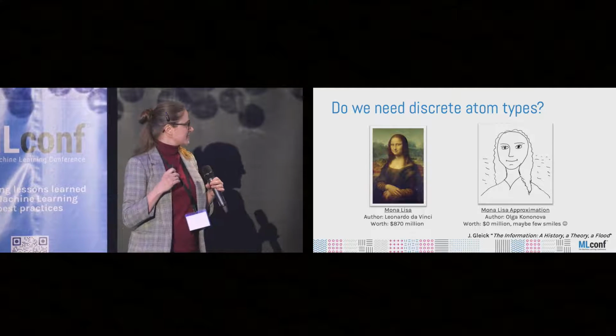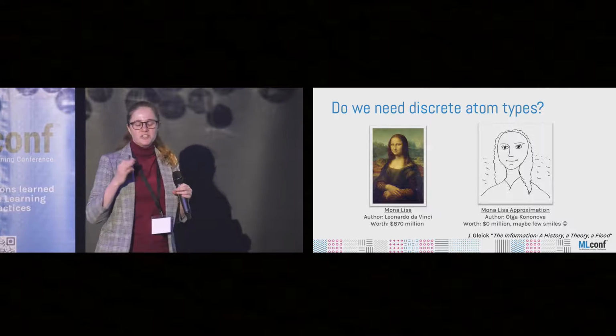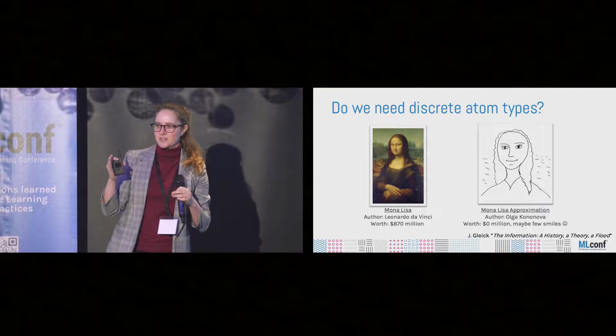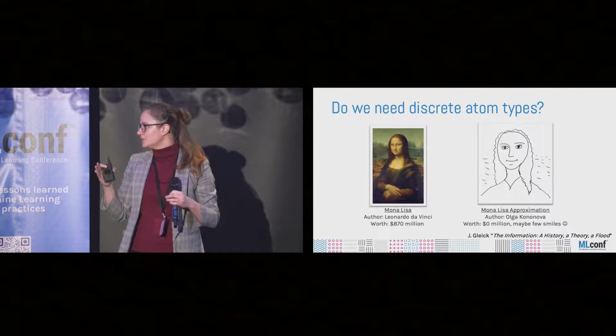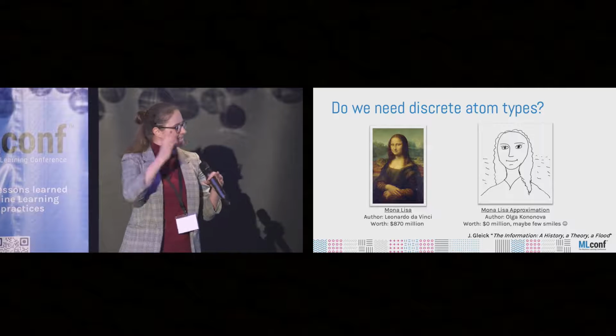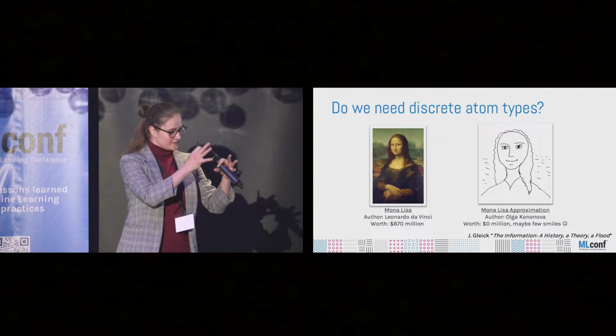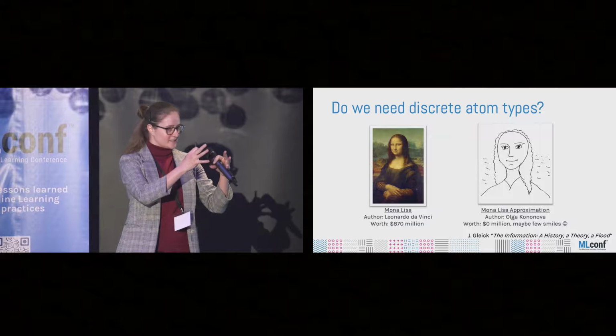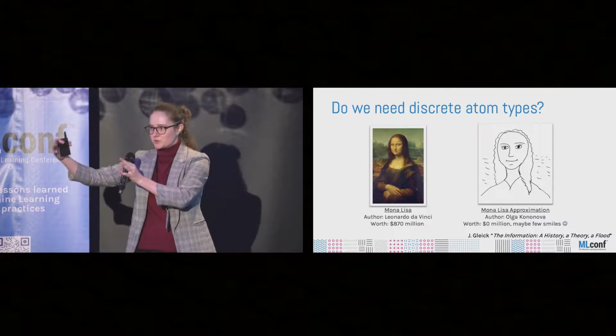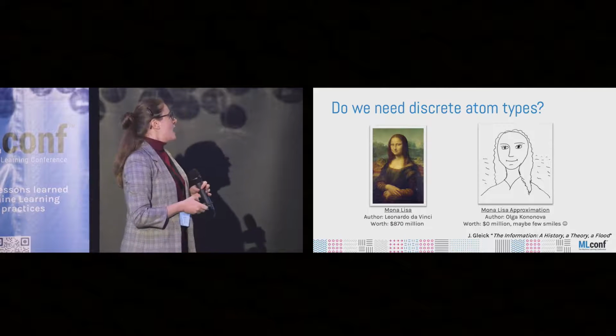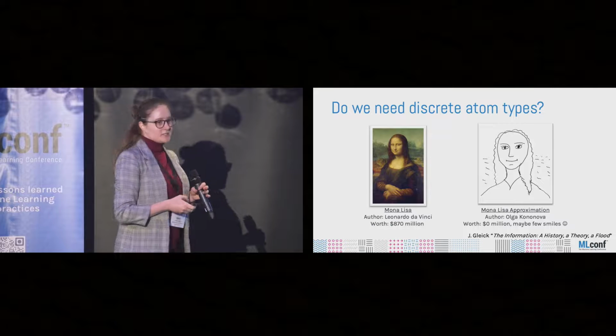In this context, we also think that maybe we don't really need this discretization of atom types, and we can keep going with a continuous atomic representation when we go from the structure of the molecule to the parameters of the force field. And the answer is actually yes.